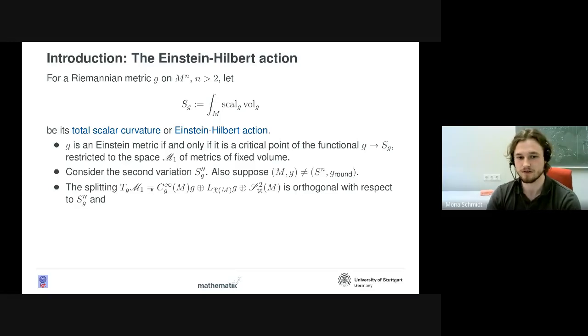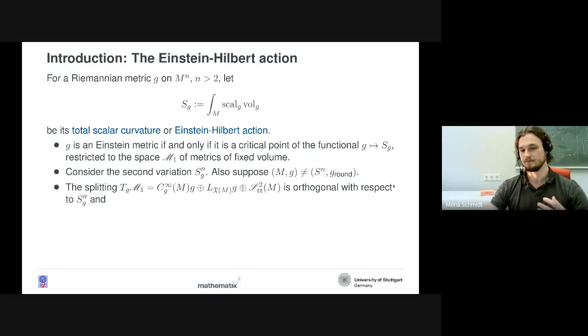So we don't take all smooth functions; we have to mod out the constant ones. The second summand is the space of all Lie derivatives of g, which is, in a sense, the tangent space of the diffeomorphism orbit. The third is the space of TT tensors, so trace-free and divergence-free.